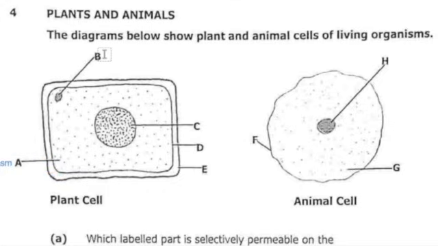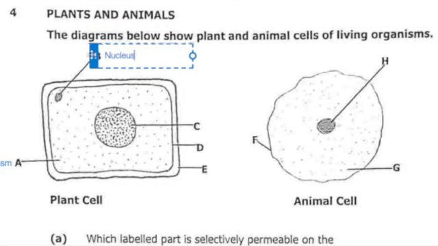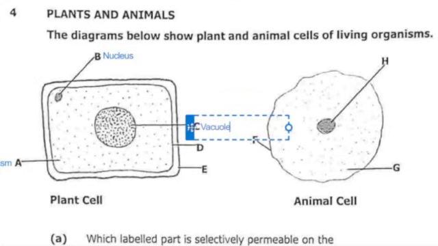We go to B. What is B? B is nucleus. Then we come to C. C is vacuole.